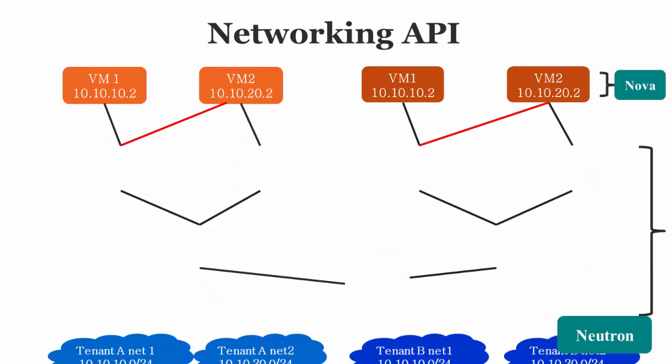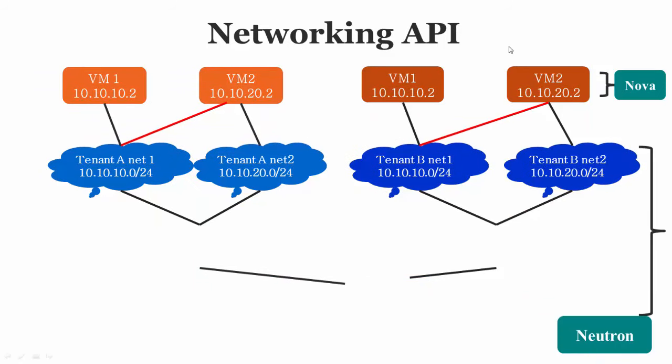So here, let's check. At first, we can create virtual machines in Nova. Each virtual machine must have an IP address, and this IP address must be connected to a tenant: Tenant A net 1, Tenant A net 2, Tenant B net 1, Tenant B net 2. A tenant is a kind of domain which uses a separate network address.